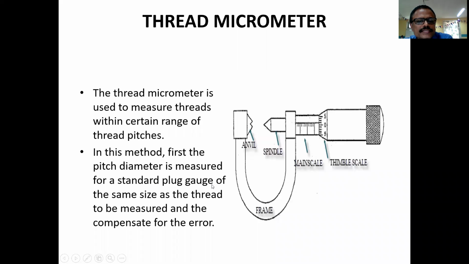So the plug gauge is of the same size as the pitch that you are going to measure. Then any error that is there is compensated in this measurement. So using the thread micrometer, you can measure different ranges of thread pitches.